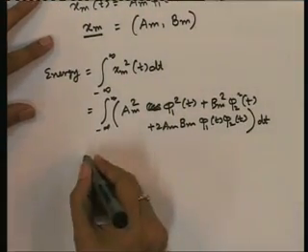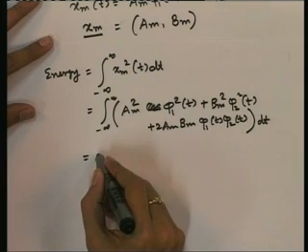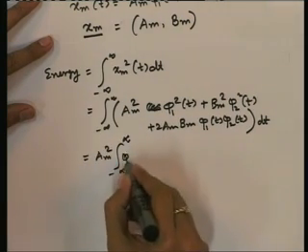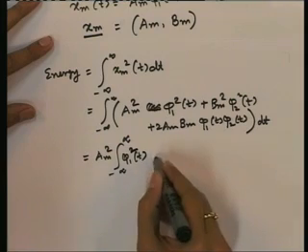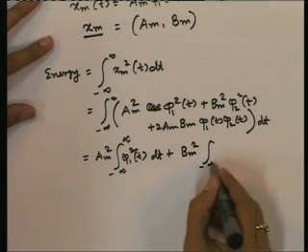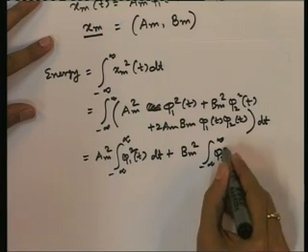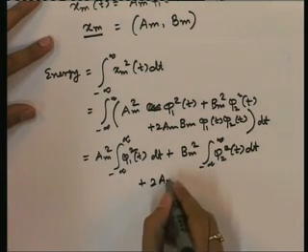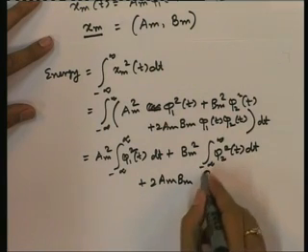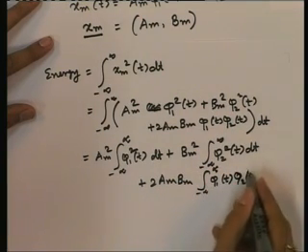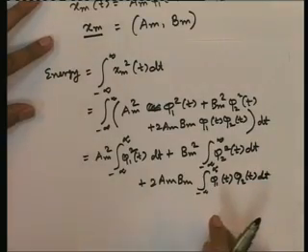Okay. Now, this is am square, bm square, then plus 2 am bm integral of phi 1(t) phi 2(t) dt.